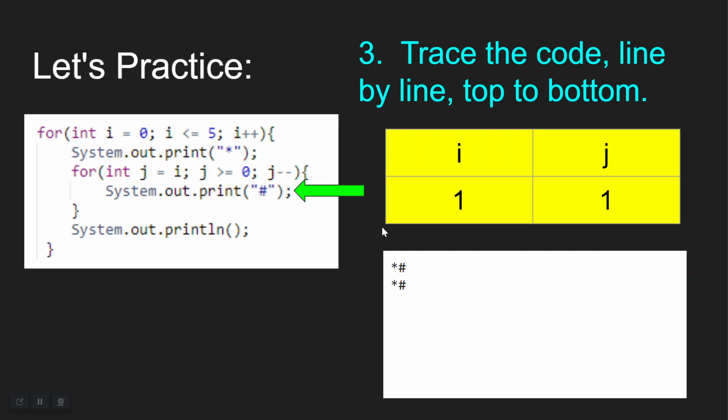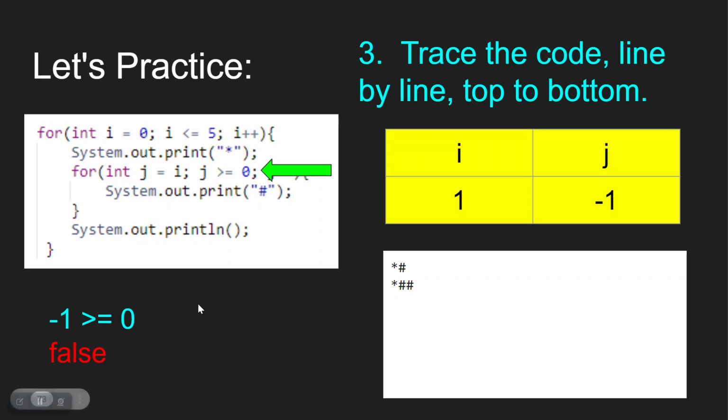Now we subtract 1 from j, so j goes down to 0. 0 is greater than or equal to 0, so that's true. That means we got to print another hashtag. J goes down again. We're at -1. Which means this for loop is done. -1 is not greater than or equal to 0. So now we get to our print line statement. We bump down to our next one. And I think I'm starting to notice a pattern here, but let's go ahead and do one more iteration.